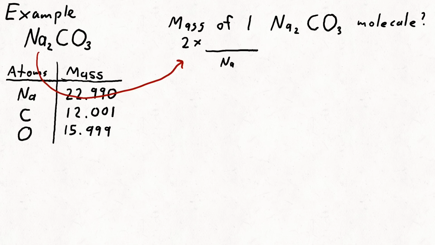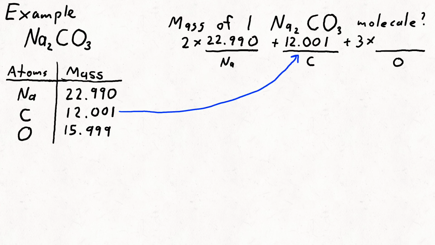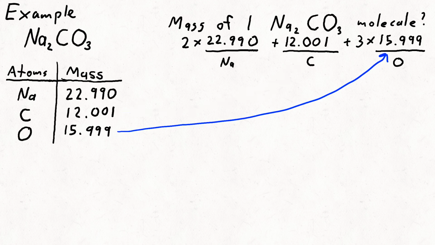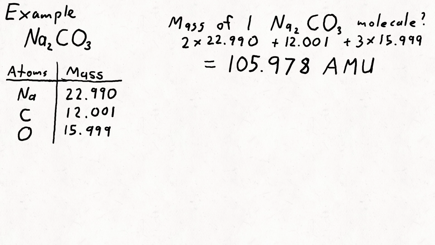Well, we have two Nas, one C, and three Os. Na has an atomic mass of 22.990, C has an atomic mass of 12.011, and O has an atomic mass of 15.999. Multiplying and adding gives a mass of 105.978. Since this is for one molecule, the unit is AMU.